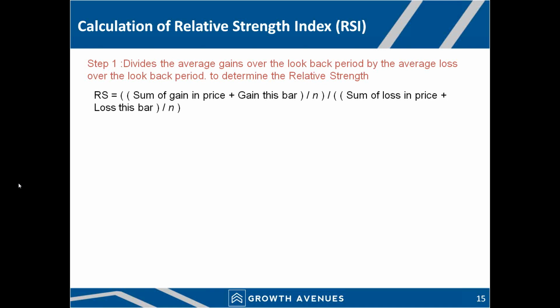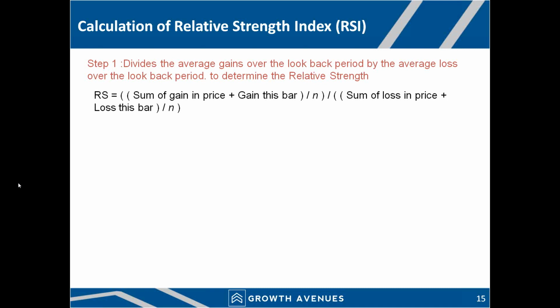So this is the first step in RSI, to find out the relative strength of the security at that point in time. So if you are on day 14, it would take 14 days prior to this day, to today. If you move to tomorrow, then it will shift one day forward.